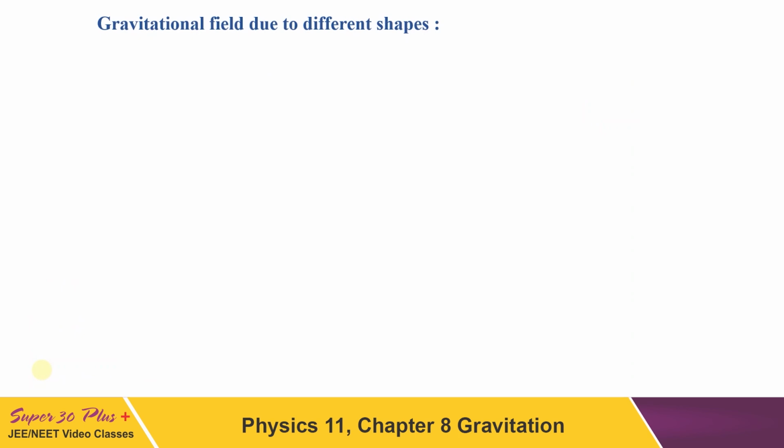First, let us consider gravitational field due to a point mass. We know this very well. For a point mass, the result can be written as, now I am writing field intensity by E, so this can be written as minus GM/r square, where r is the distance from the point mass.